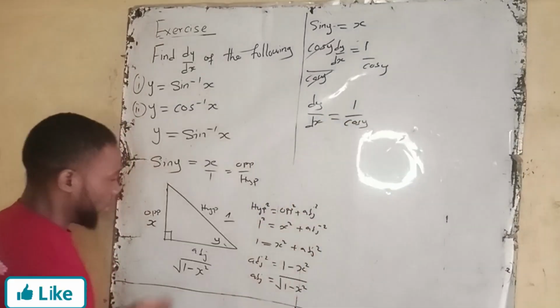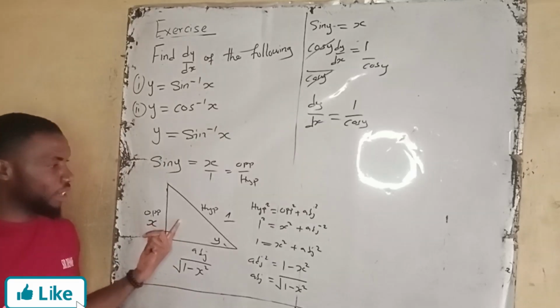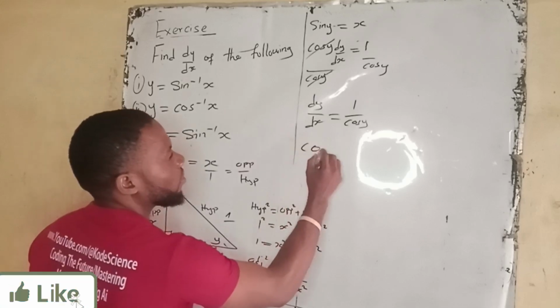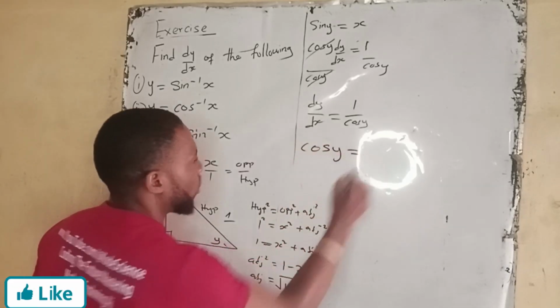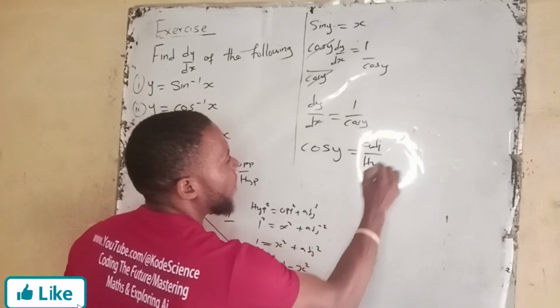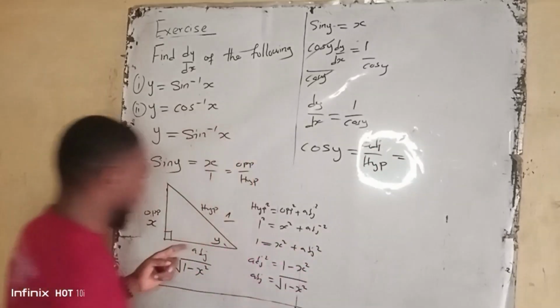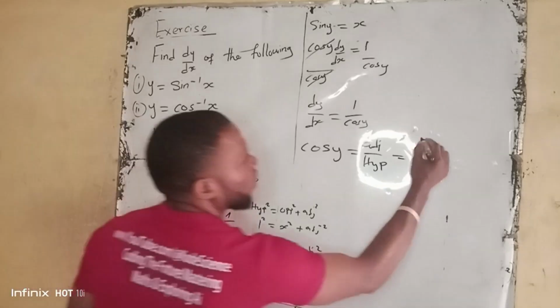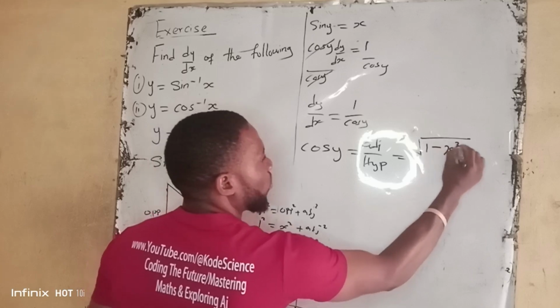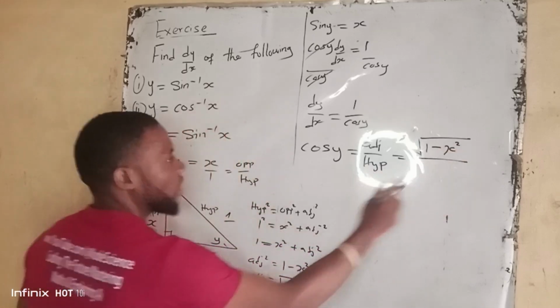From our trigonometric functions, what is cos y? Remember, it is the adjacent over the hypotenuse. So what is our adjacent here? Our adjacent is the root of 1 minus x squared over the hypotenuse, which is 1.